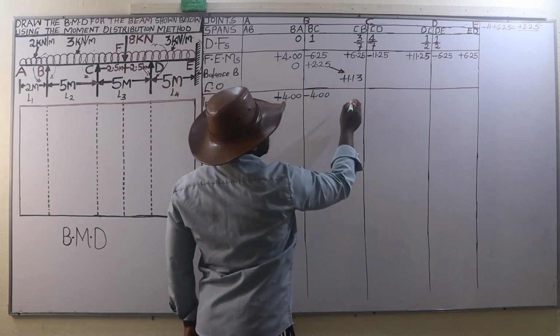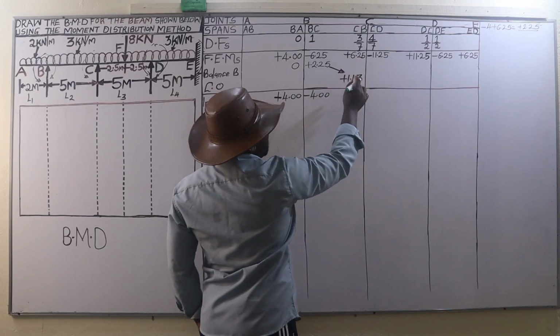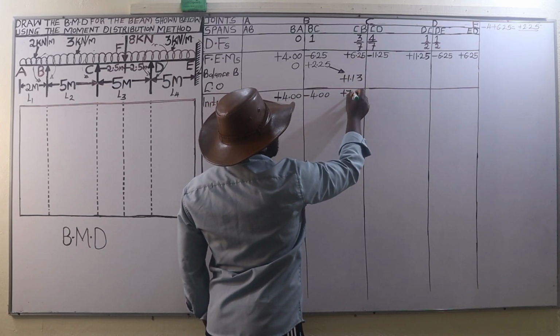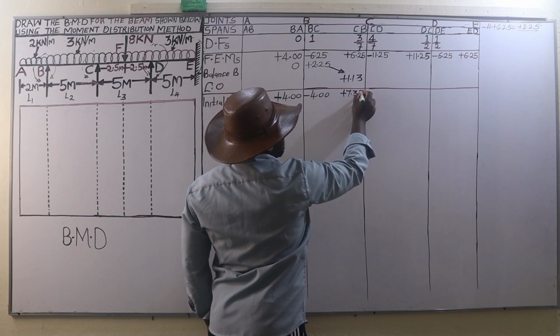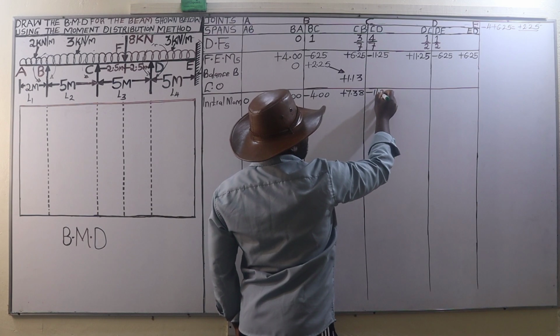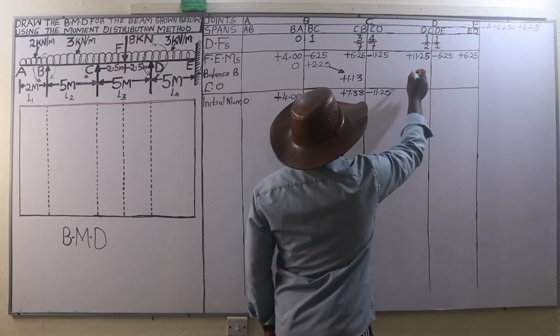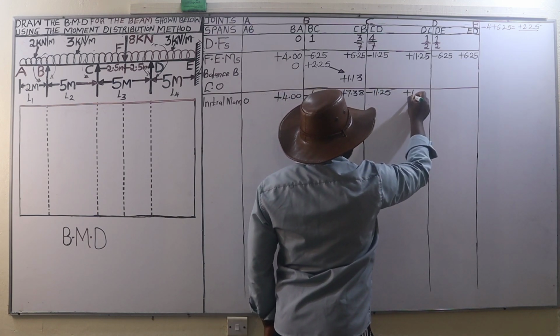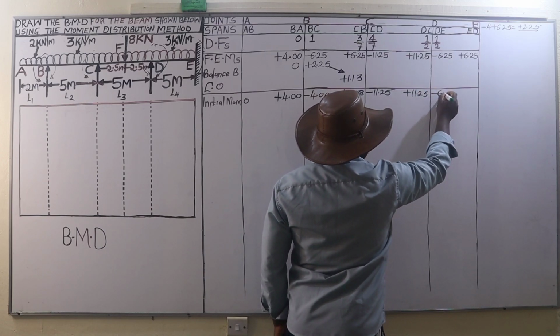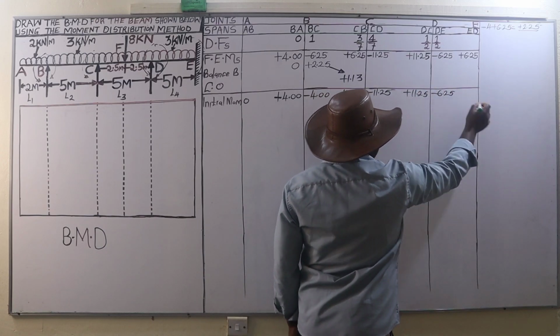And then here we are going to have 6.25 plus 1.13, that is 7.38. And then this one is going to be 11.25. Then this one is positive 11.25. We got negative 6.25.